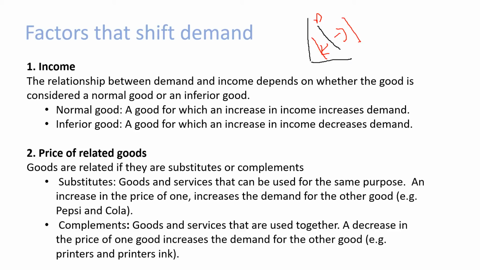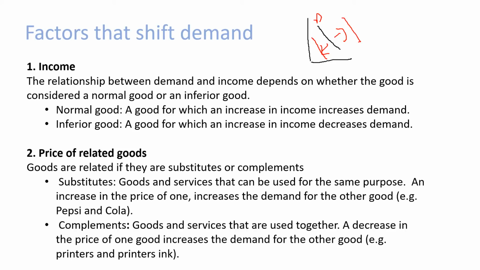Normal goods are goods whose demand increases when your income increases. When we talk about inferior goods, when your income decreases, you will start consuming more of the inferior goods.